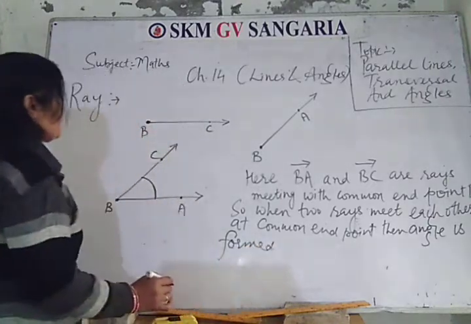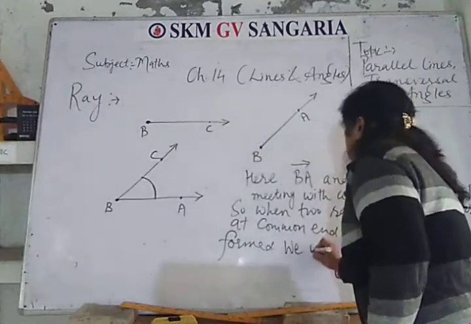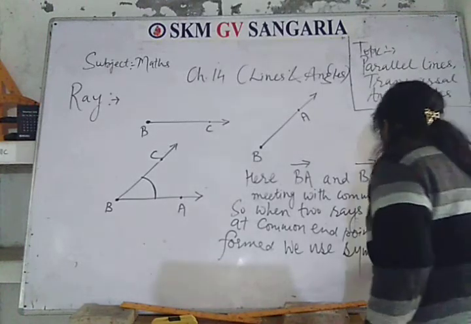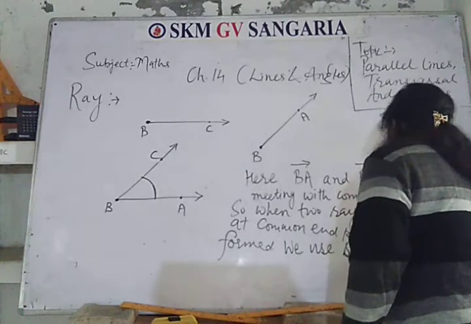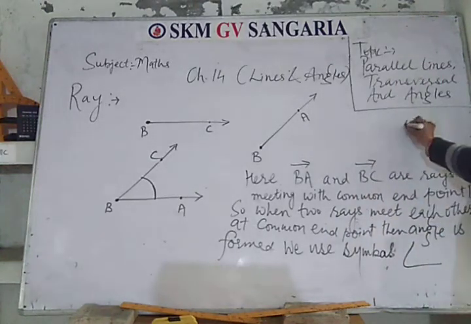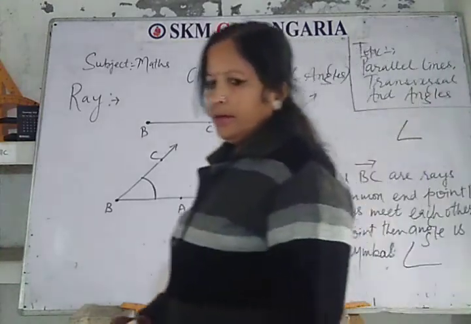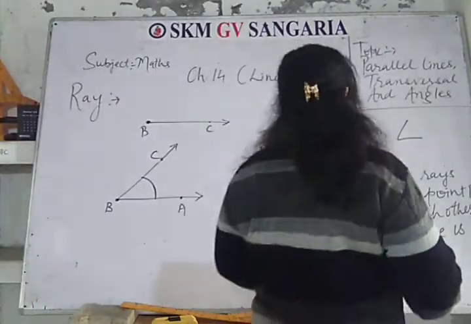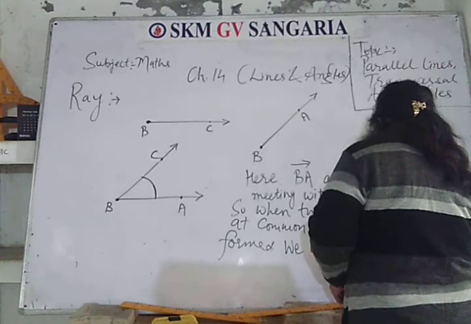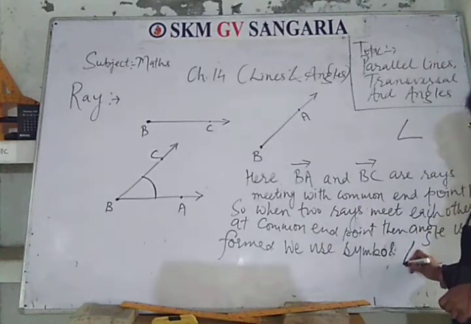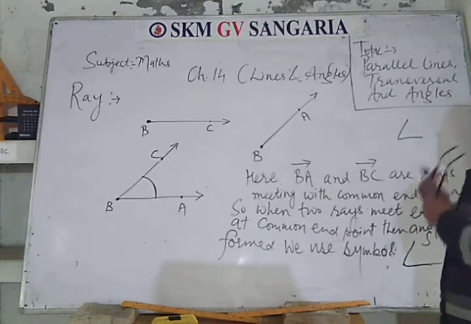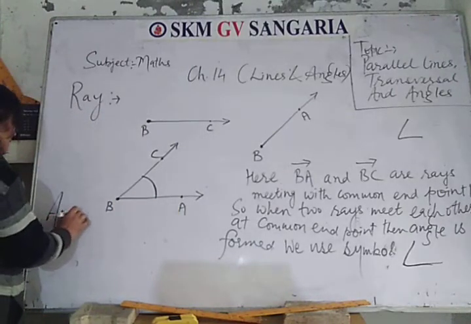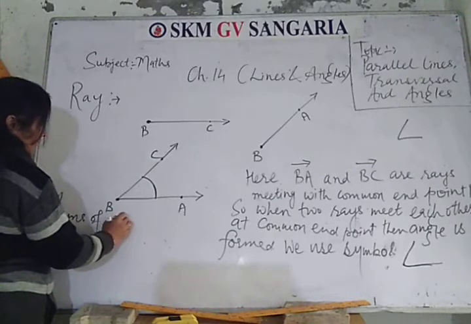So we use this symbol for showing an angle. Here BA and BC are arms of the angle.